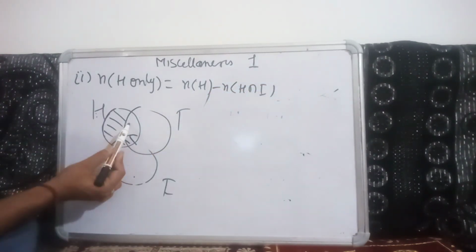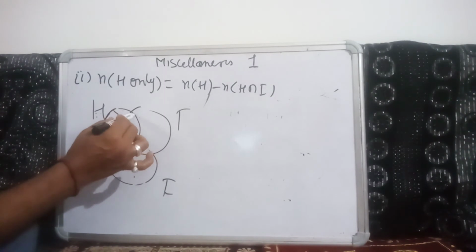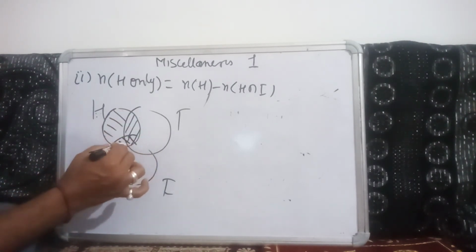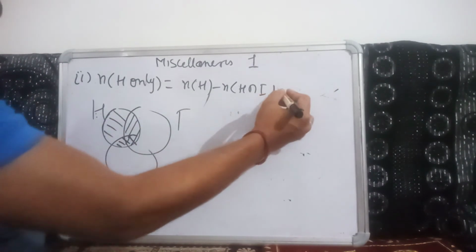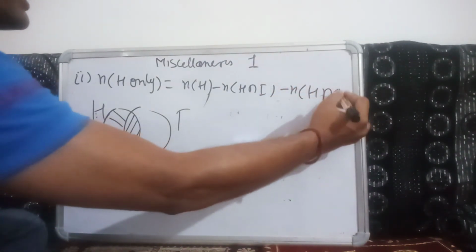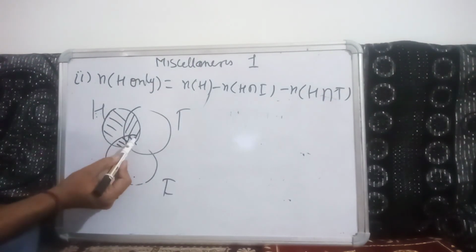And this is again left. So you have to again subtract this part, which is the common, n(H intersection T). But notice here, this part is cut twice, once by this and once by this.